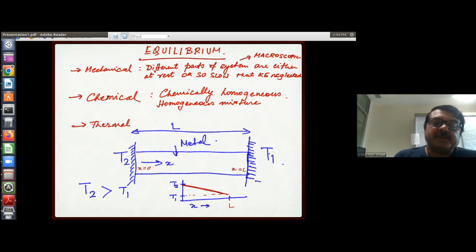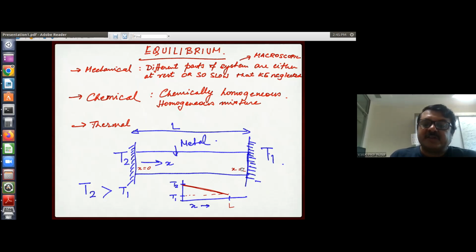And what is thermal equilibrium? Now, suppose you have a metallic bar. On one end, say at x equal to 0, you place the bar at temperature T2, and the other end of the bar is maintained at temperature T1.